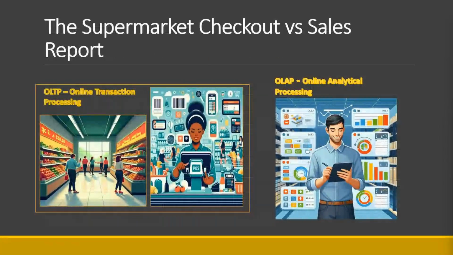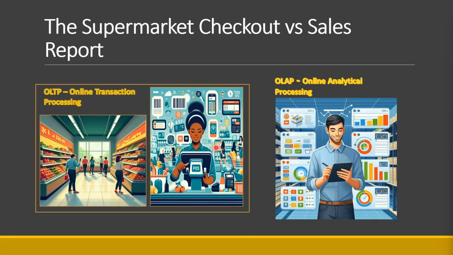Okay, so before we talk about those two terms, let's have a look at another story. This is a supermarket checkout process on this side, and this is the sales manager in the supermarket who is analyzing the sales trend. Imagine you go to a supermarket, grab some items, and head out to the billing section.